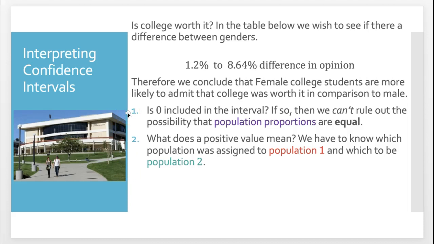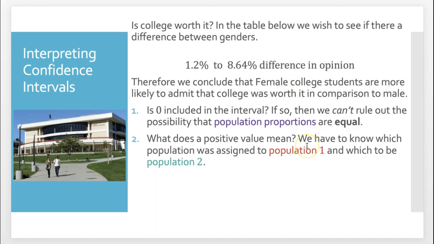If so, we can't rule out the possibility that population proportions are equal. Meaning if this were, say, negative 1.2% to 8.64%, 0 would be in our interval, and any value in our interval is plausible. It's possible.